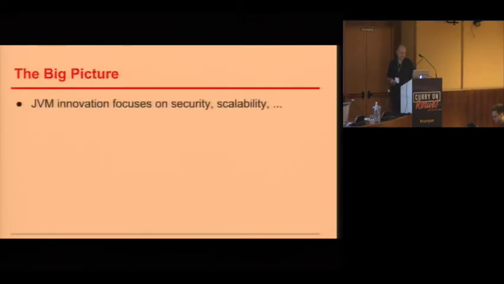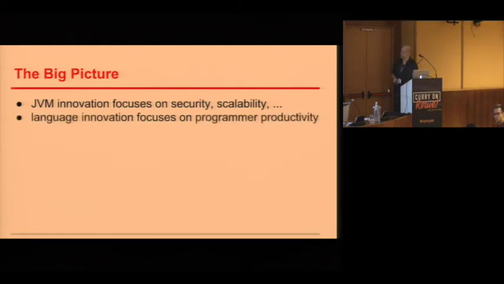I think the bigger picture is that for many years now, the innovation on the Java platform has focused on scalability, security, fault tolerance, and all those things, but had a very strong objective to keep the structure of the bytecode as stable as possible and as compatible as possible with existing programs. Whereas the language innovation focused on program productivity, often driven by features you would have in other more modern or more sexy languages such as Scala and Ruby, often implemented by means of syntactic sugar that the compiler would compile away.